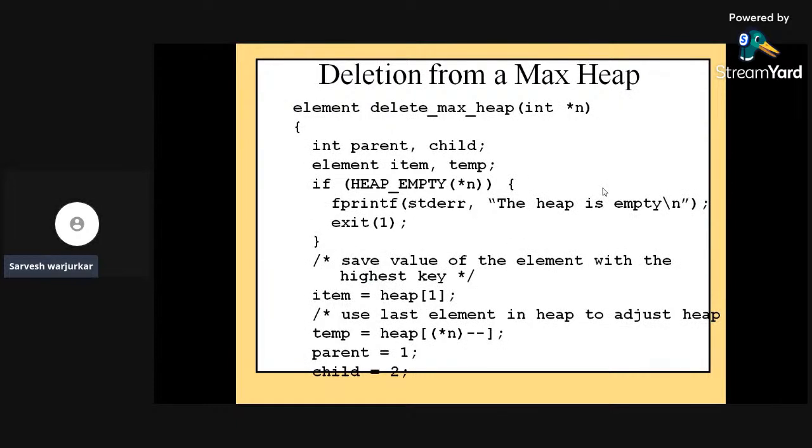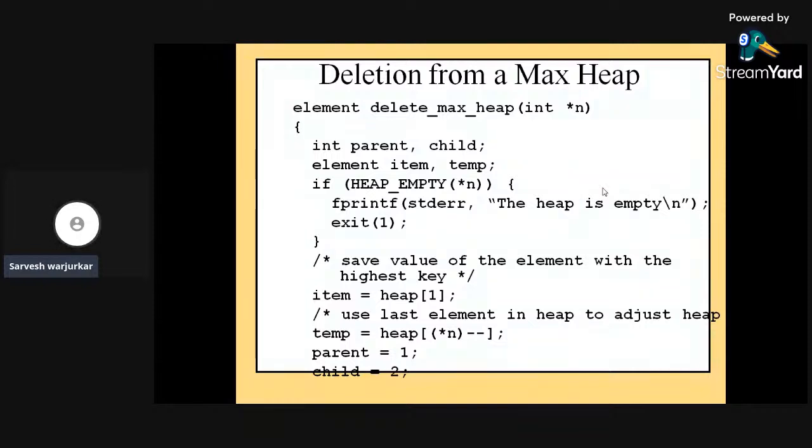Deletion from a maximum heap, in which you can write this particular code: integer parent, child, element item and temp, a temporary element. Printf the heap is empty. We save the value of the element with the highest key, then item equals heap[1].